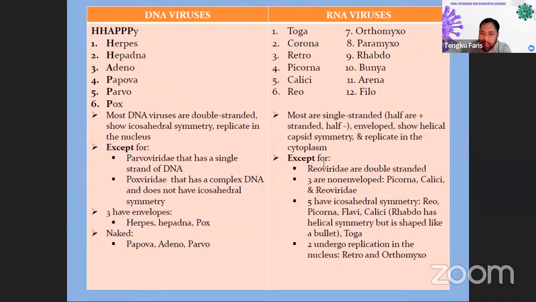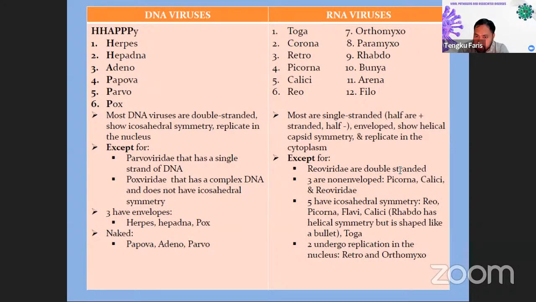And an exception here is the Reoviridae, which are double-stranded. RNA is supposed to be single-stranded, but in this case, Reoviridae are double-stranded. All right, so I might test you in your examination too: what are the exceptions for RNA virus? So you might want to answer that.